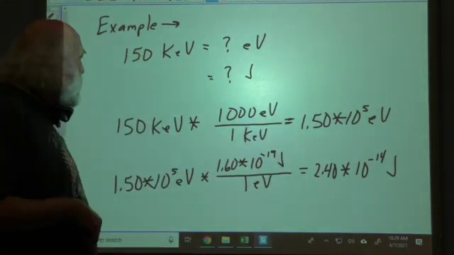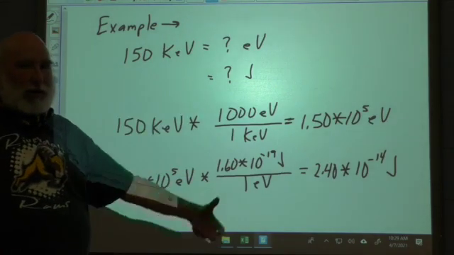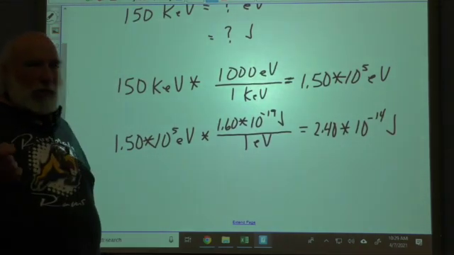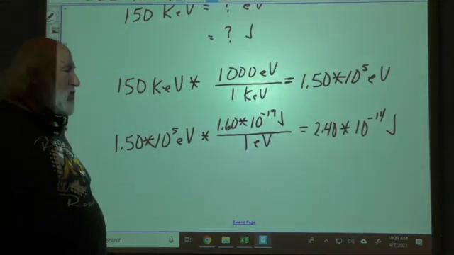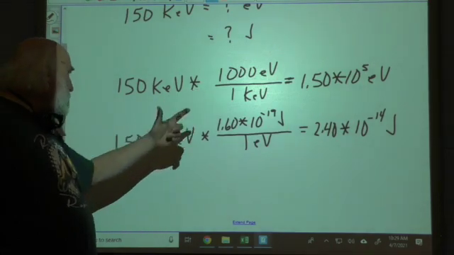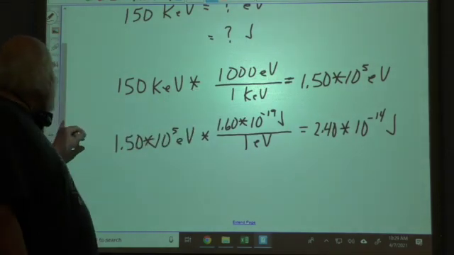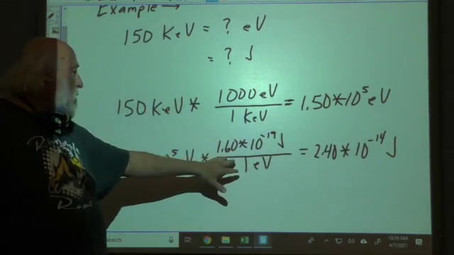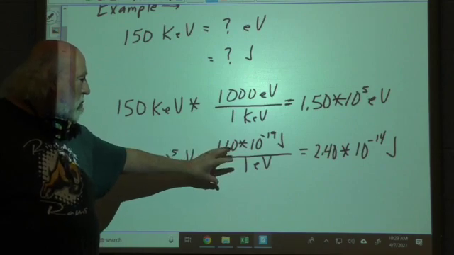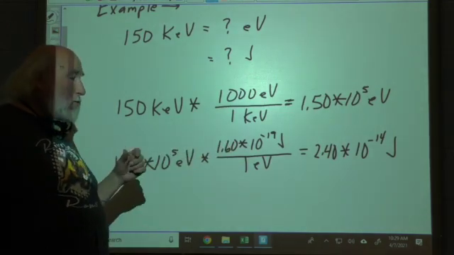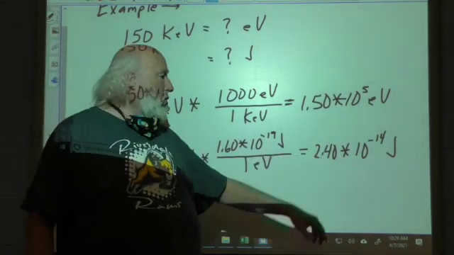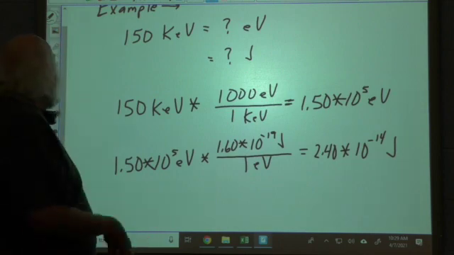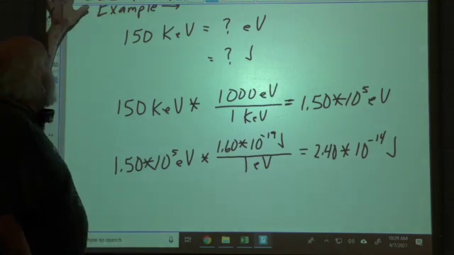Now that's important in being able to figure out how much work is actually being done under those conditions at the microscopic or electronic scale. And so we take that 1.50 times 10 to the 5th electron volts and define how many joules that is. We just did that in the previous page. The equivalency is 1.60 times 10 to the negative 19 joules for every 1 electron volt. And we get 2.40 times 10 to the negative 14 joules. Okay, so that's just basic conversion problems.